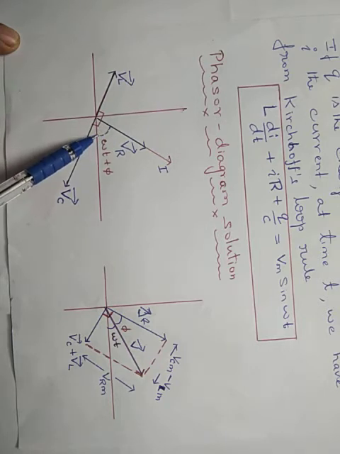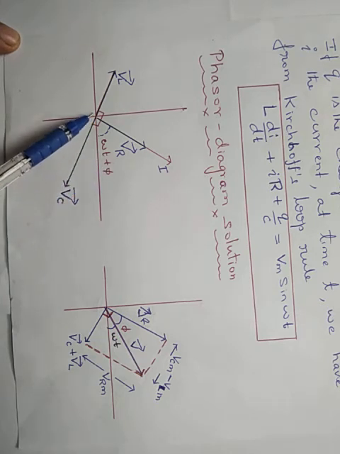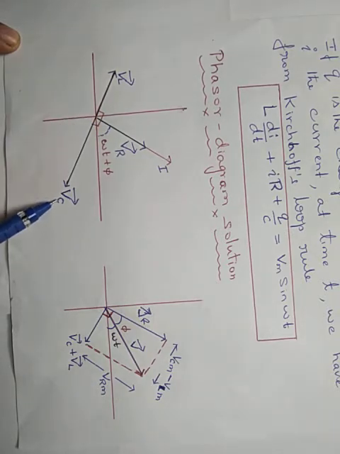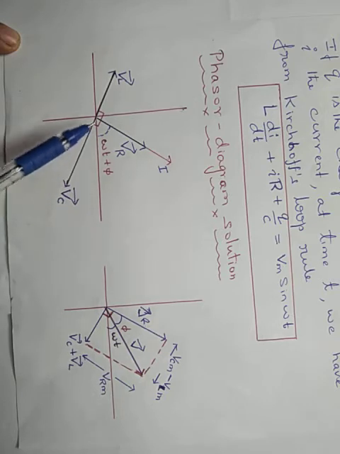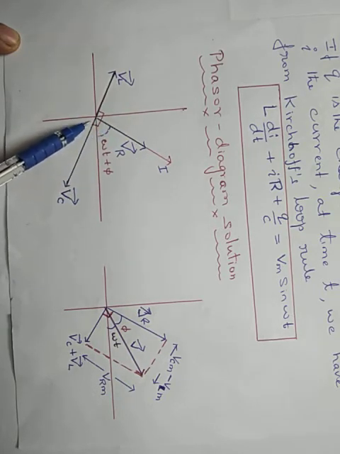So, let the angle be omega t plus phi in the LCR circuit, and we know that the voltage across the capacitor lags behind the current by pi by 2.